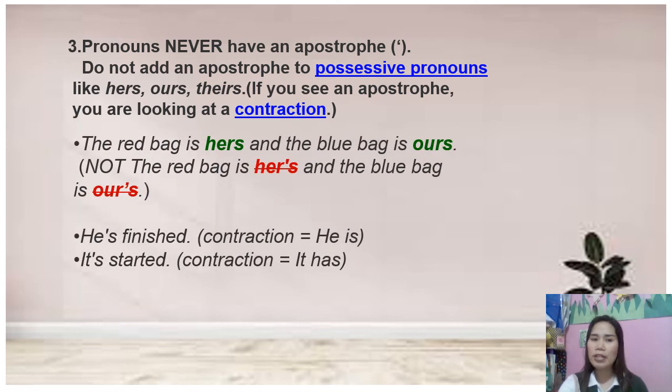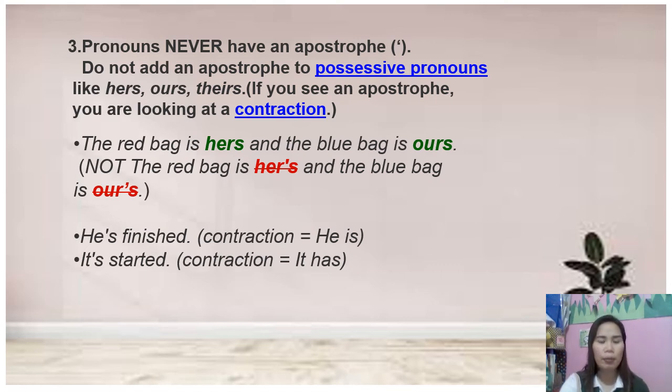So like for example, the red bag is hers and the blue bag is ours. So here, do not add an apostrophe with hers and ours. So our apostrophe s, that is wrong. Okay? So it will become a contraction.